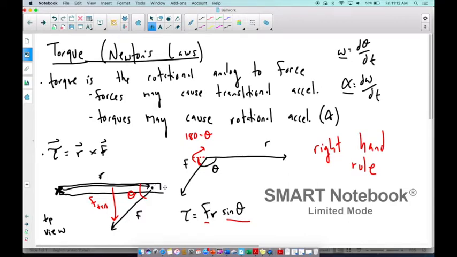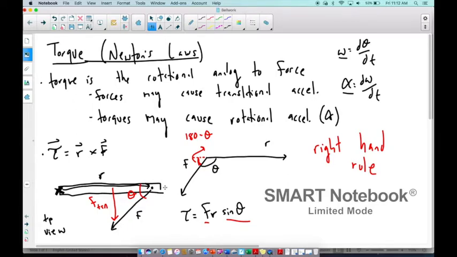So I'm going to turn my right hand so that the fingers are pointing to the right along the screen of my laptop. Then I'm going to rotate my palm around, rotate my wrist, so that I can curl those fingers in the direction that the force is pointing.